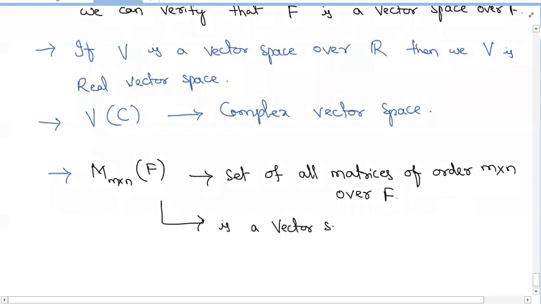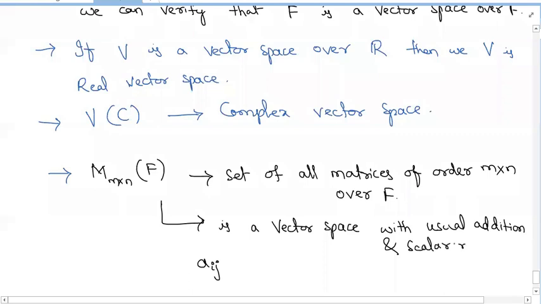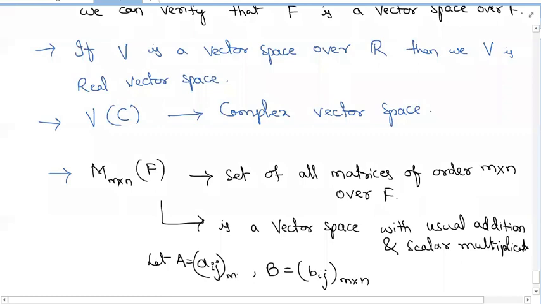What is the usual addition here? Let capital A equal Aij and capital B equal Bij, both in this set. Then how do you define A plus B?